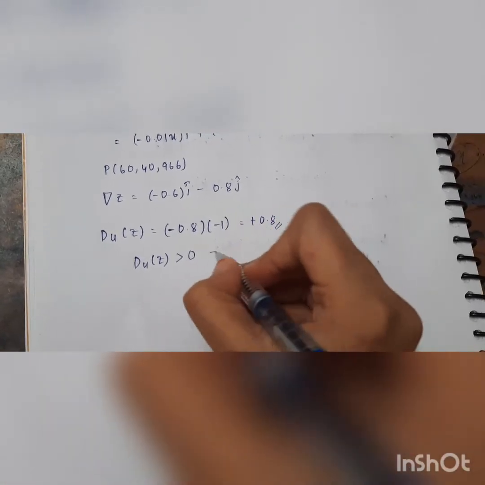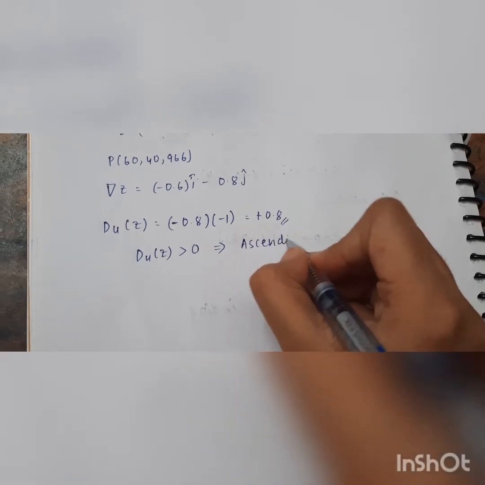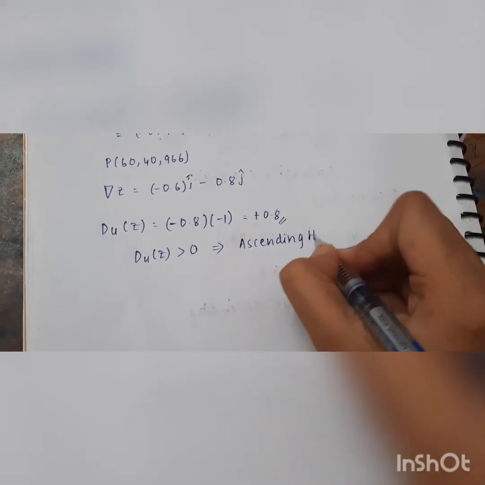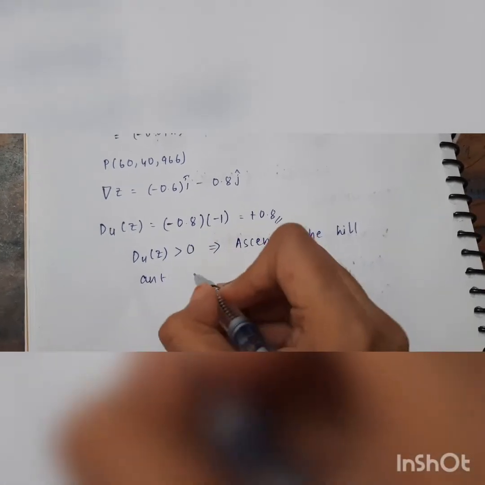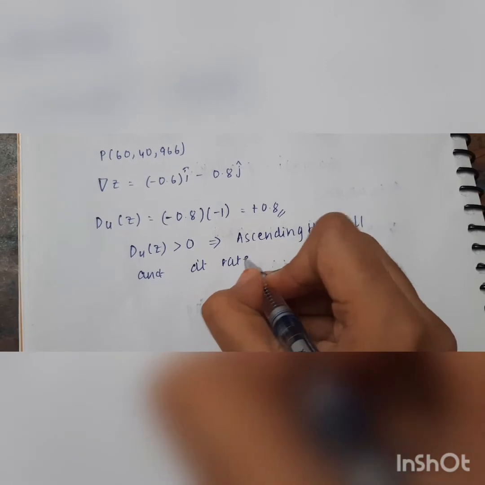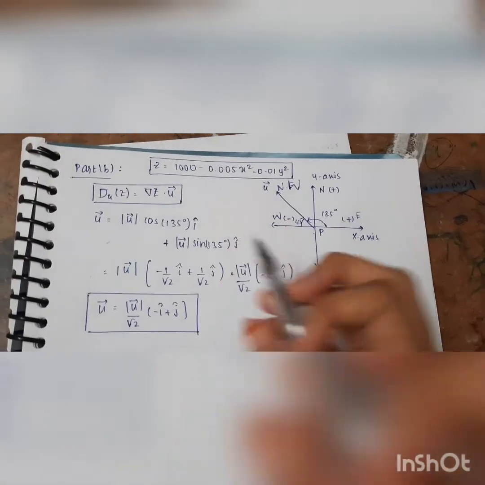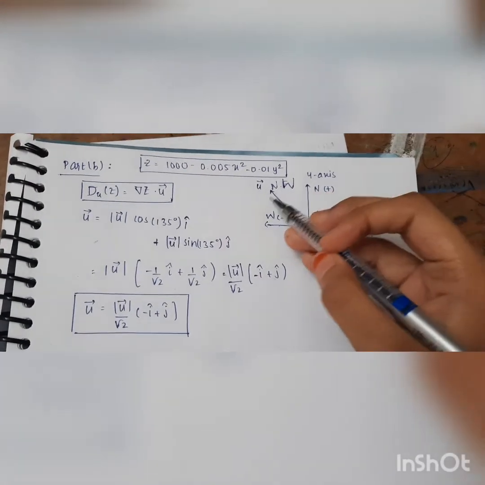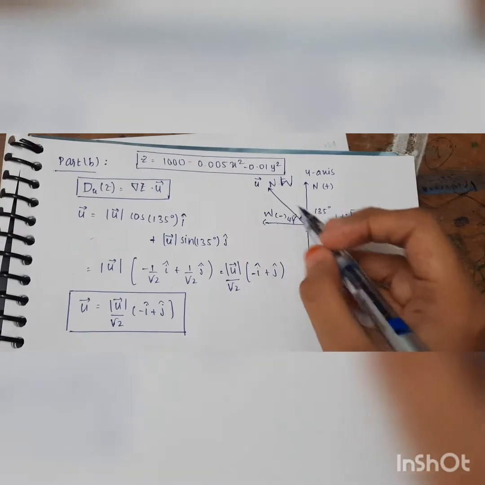So as the directional derivative is greater than 0, that implies that we are ascending the hill at a rate of 0.8.